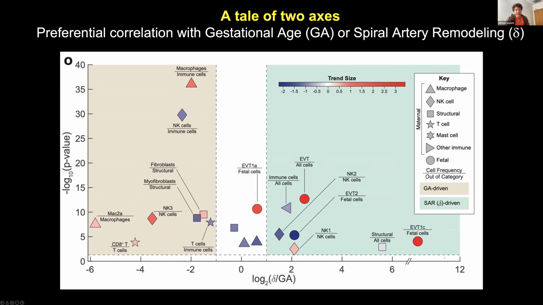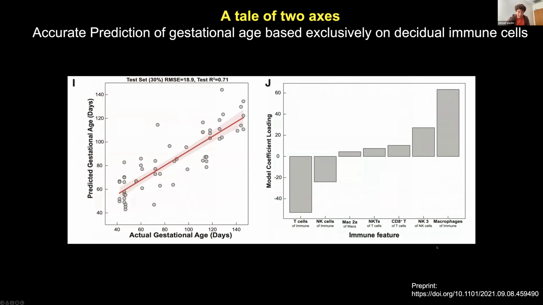By doing that, we were able to see that the vast majority of maternal immune cells seem to vary pretty closely with gestational age. In fact, simply by taking these maternal immune cell subsets that you see on the right in J, Aaron Soon was able to create a ridge regression model that could predict, within about 10 to 12 days, accurately what the gestational age of that decidua was.